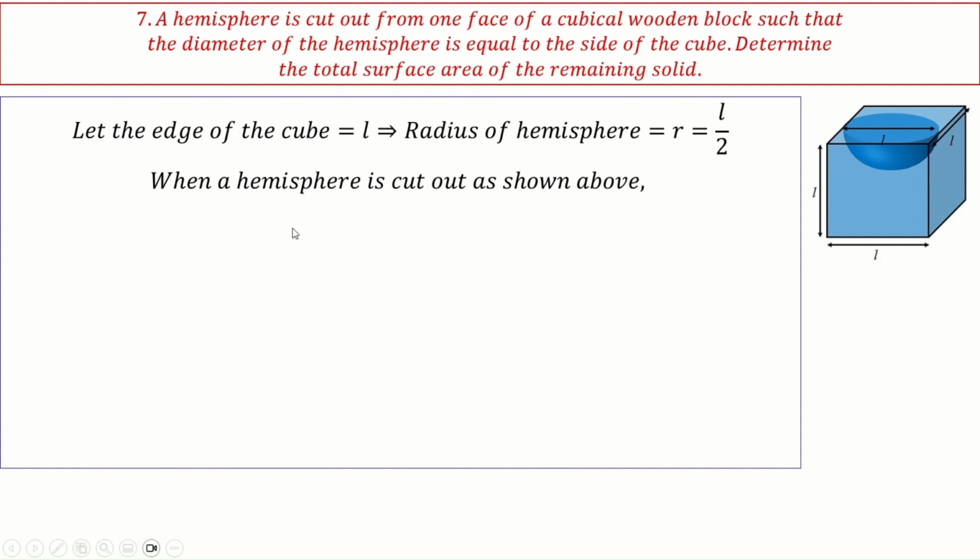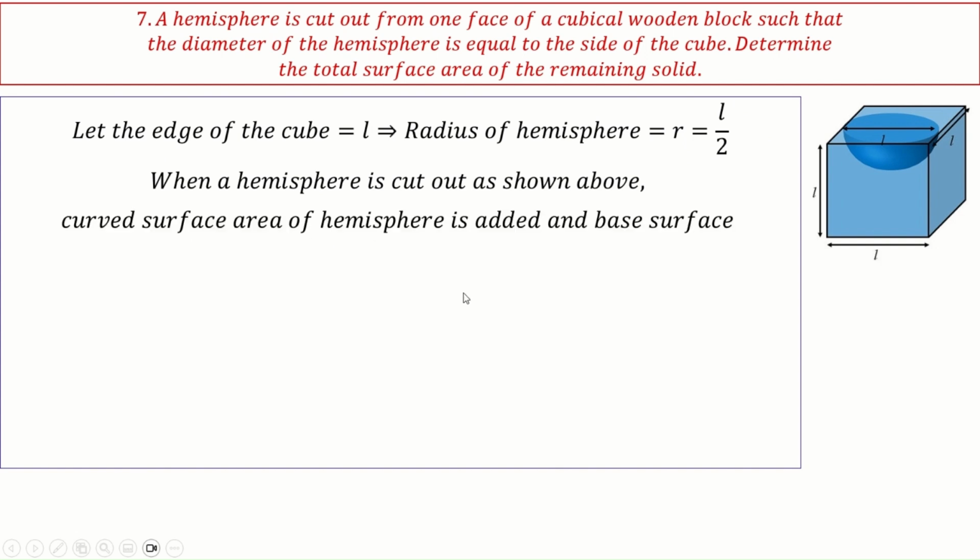When a hemisphere is cut out as shown, the curved surface area of the hemisphere is added to the surface area, and the area of the hemisphere base is removed. This pi r square is removed, but 2 pi r square is added.